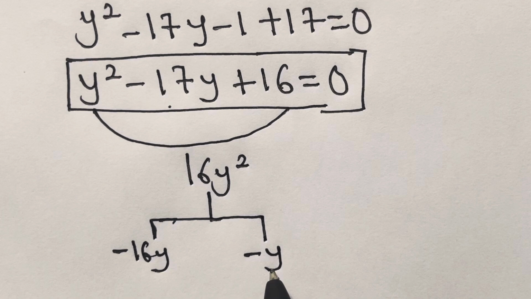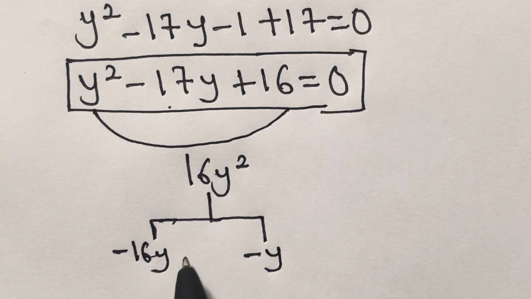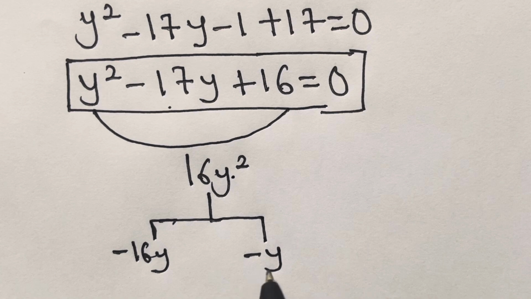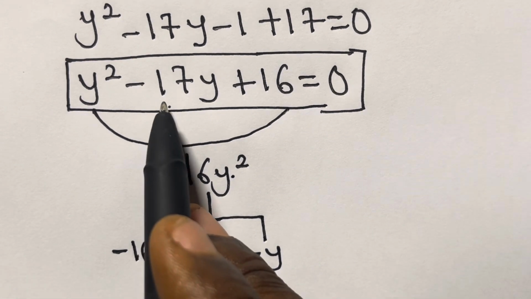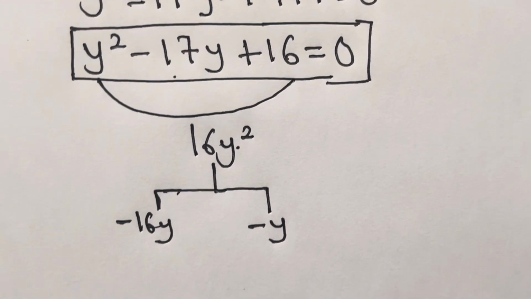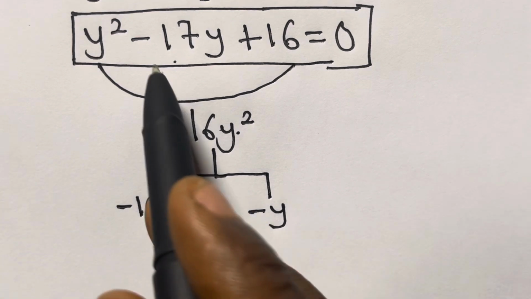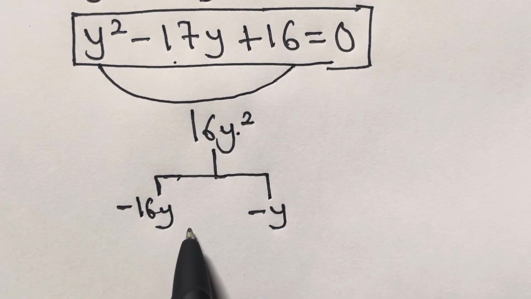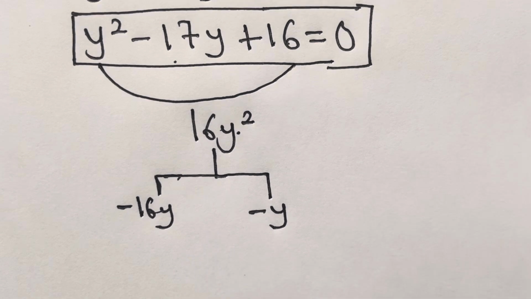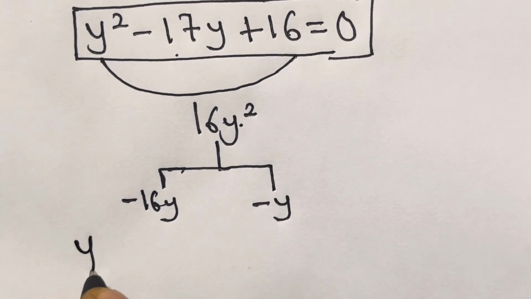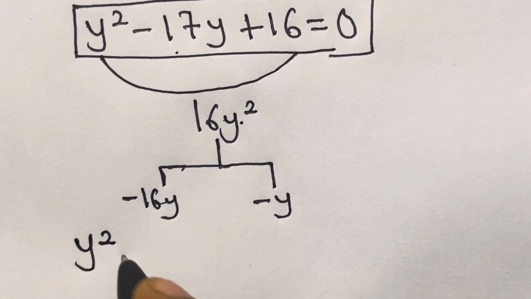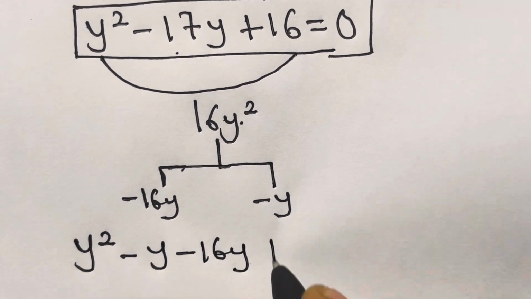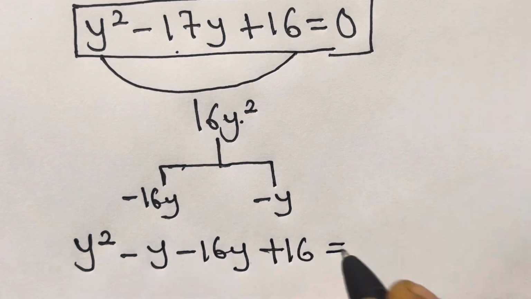Minus 16y times minus y will give us plus 16y squared, and minus 16y minus y will give us minus 17y. So what is left now is to replace minus 17y with minus 16y minus y. So we will have y squared minus y minus 16y plus 16 equals 0.